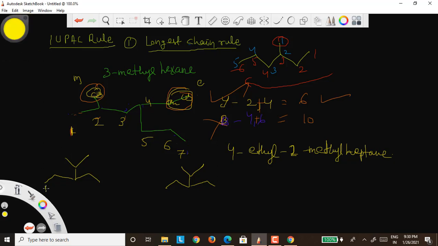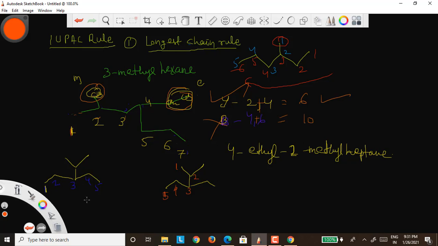One is like this: 1, 2, 3, 4, 5. Now we can give one more: 1, 2, 3, 4, 5. So blue color also gives 5, red color also gives 5. So if there are two options, which option will be correct? Both options cannot be correct. Any one should be correct.